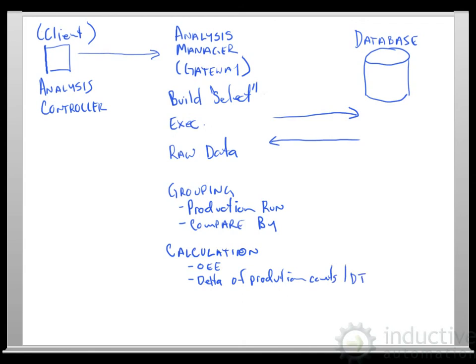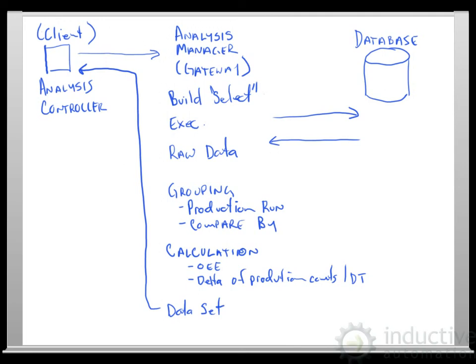Downtime, on and on. So it has to go through a lot of calculations there. And then it puts the results into a data set. And that data set gets returned back to the client.